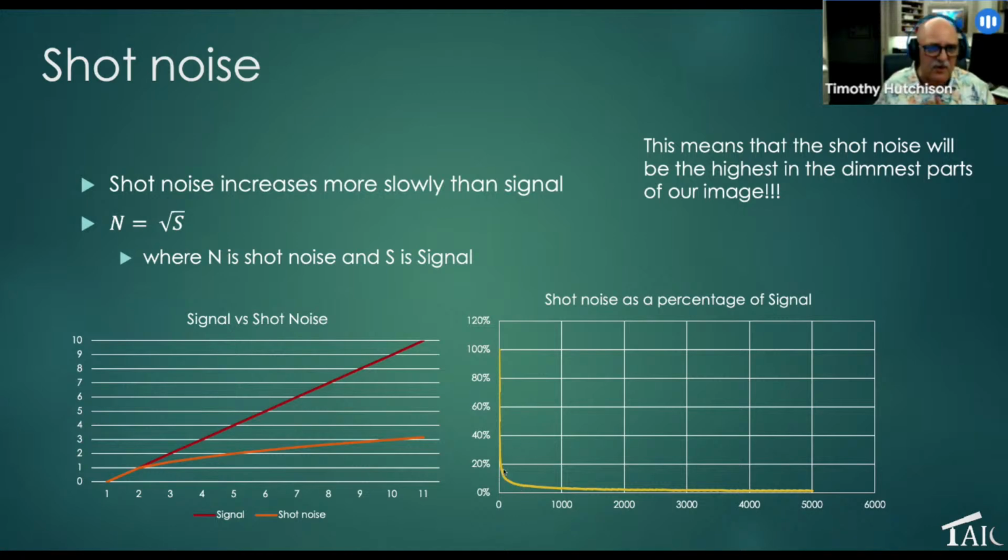And the problem for us is that shot noise has the greatest impact where the signal is lowest, and the least impact where the signal is brightest. The core of the galaxy is not going to suffer from a whole lot of shot noise. The little wispy bits out on the edge, that's where shot noise is an issue, right? So it's down in the darkest parts of the image that shot noise becomes more apparent. Does that make sense?